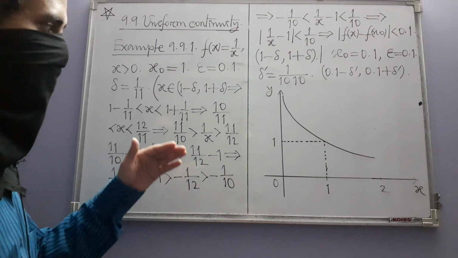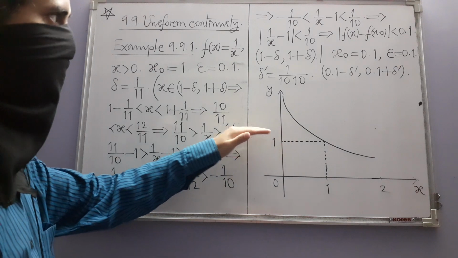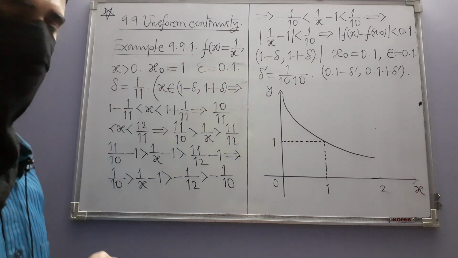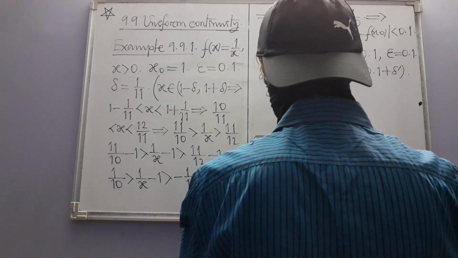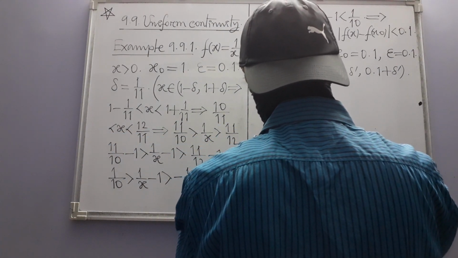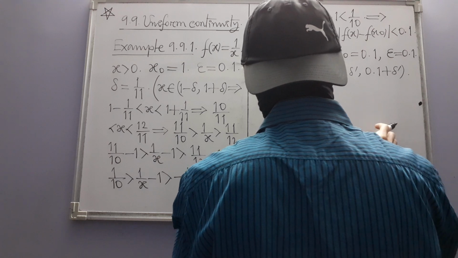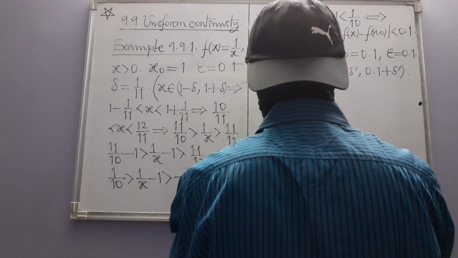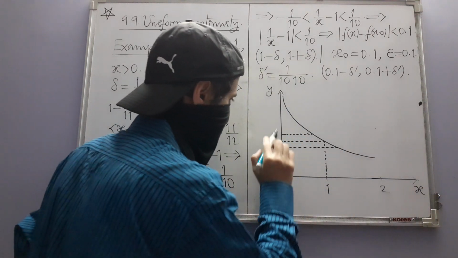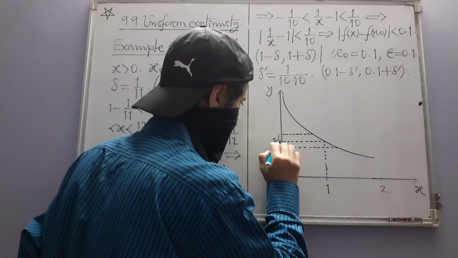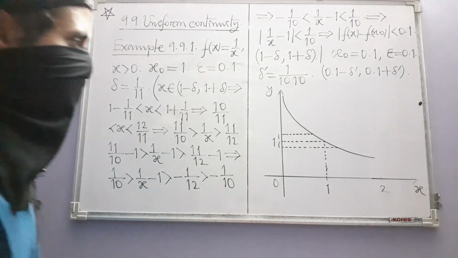Now if we want to keep the output values within the distance 0.1 from the value 1, say that distance is this much on either side. So this much is 0.1 and this much is also 0.1.